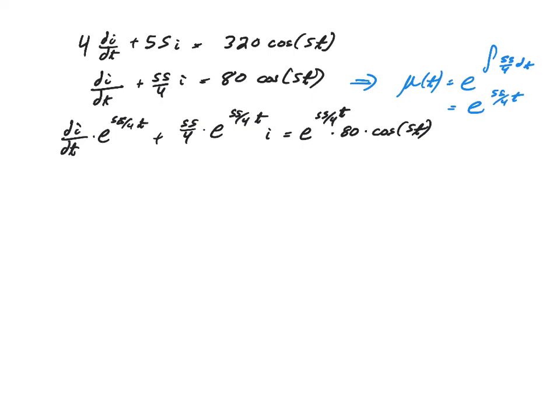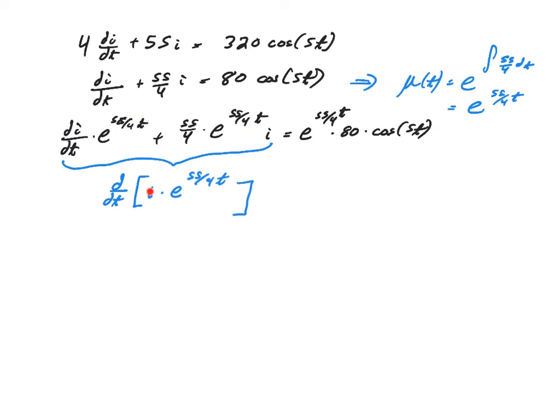Now, on the left-hand side, this should turn really nicely into d over dt of I times e to the 55 over 4t. And again, please check every once in a while, just when you're taking a test, for example, you're like, did I do this right?